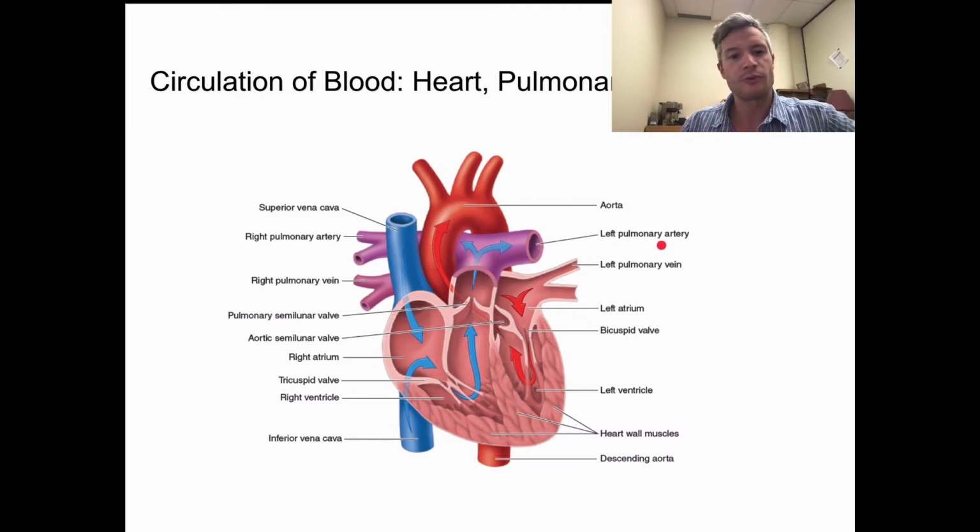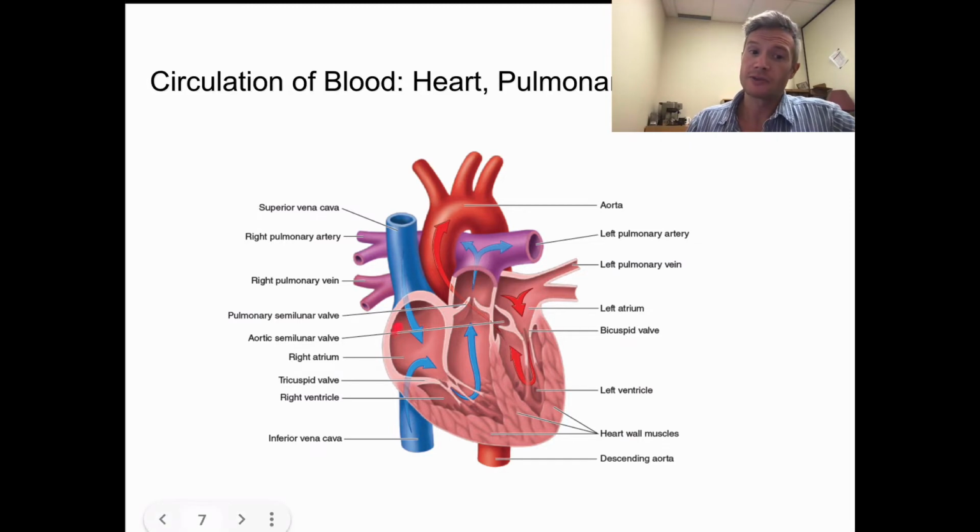Remember, this is the only artery that you'll see that has deoxygenated blood in it typically, okay? It goes left to right. Lungs comes back into the heart here through the pulmonary veins. Again, this is switched from what's typical. So we have oxygenated blood coming in through the left and the right pulmonary veins into the left atria.